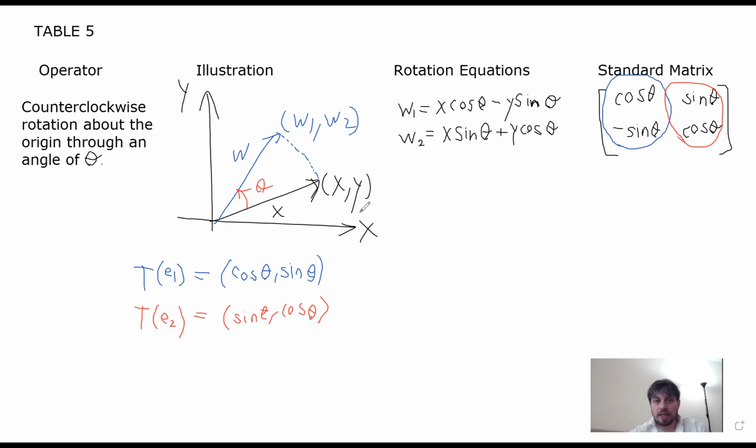And that's how you get the two columns of the standard matrix, the images under T of E1, E2, just as before.